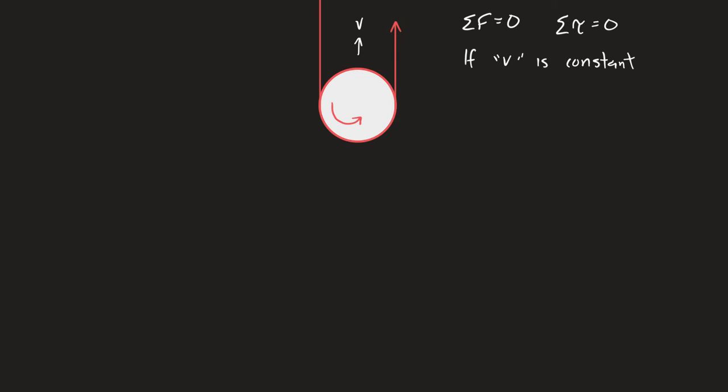Which means under those circumstances, the tension on both sides would be the same. That's a statics problem at its heart, even if it's moving, because net force is zero and net torque is zero.